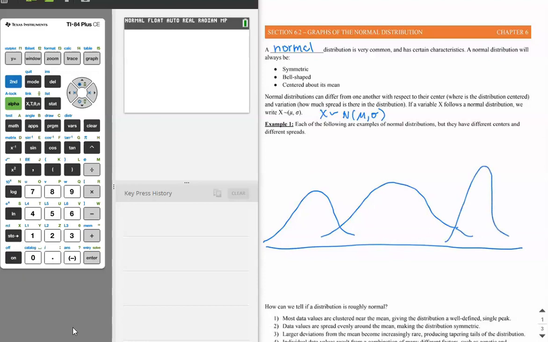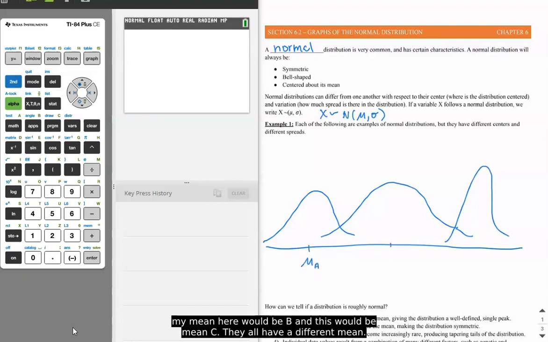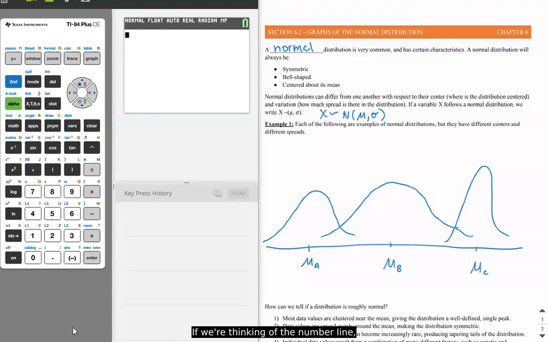So I have some mean, we'll say A. My mean here would be B, and this would be mean C. So they all have a different mean. If we're thinking of the number line, the mean of A would be the smallest mean, and then the mean of C would be the largest mean.